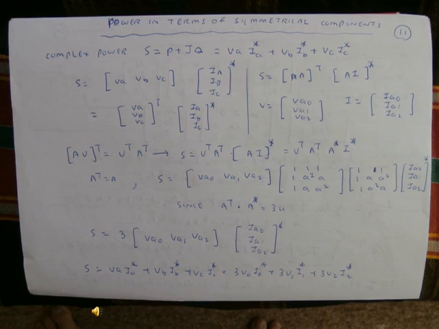Therefore, finally, we can write S is equal to VA times IA conjugate plus VB times IB conjugate plus VC times IC conjugate. Now, this gives 3V0 I0 conjugate plus 3V1 I1 conjugate plus 3V2 I2 conjugate.